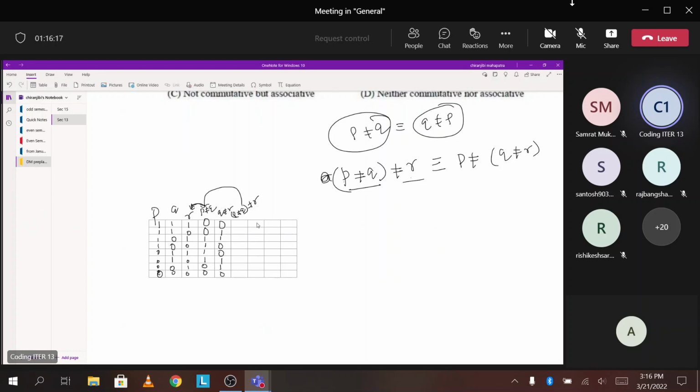So P not equals to Q, not equals to R, that is 1 0 1 0 is 1, 0 0 is 0, 1 1 is 0, 0 1 1 1 1 0 0 1 1 1 0 1, then 0 0 is 0.